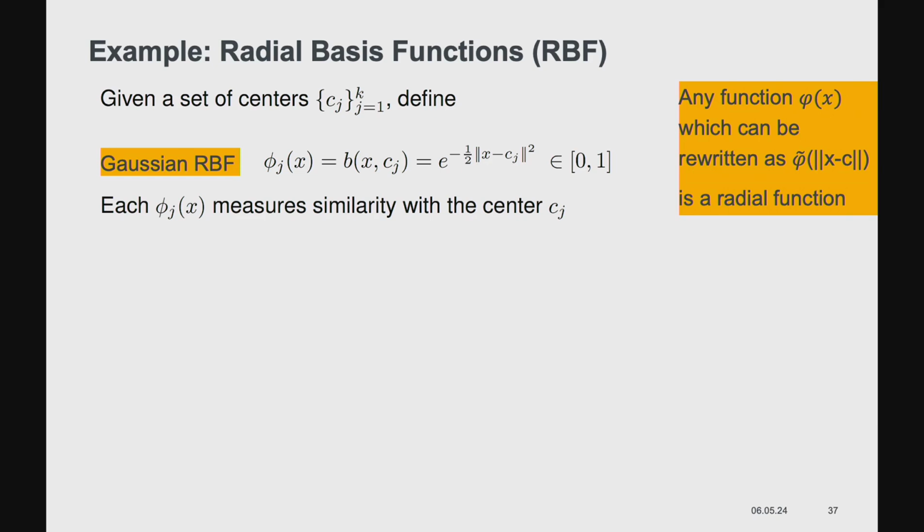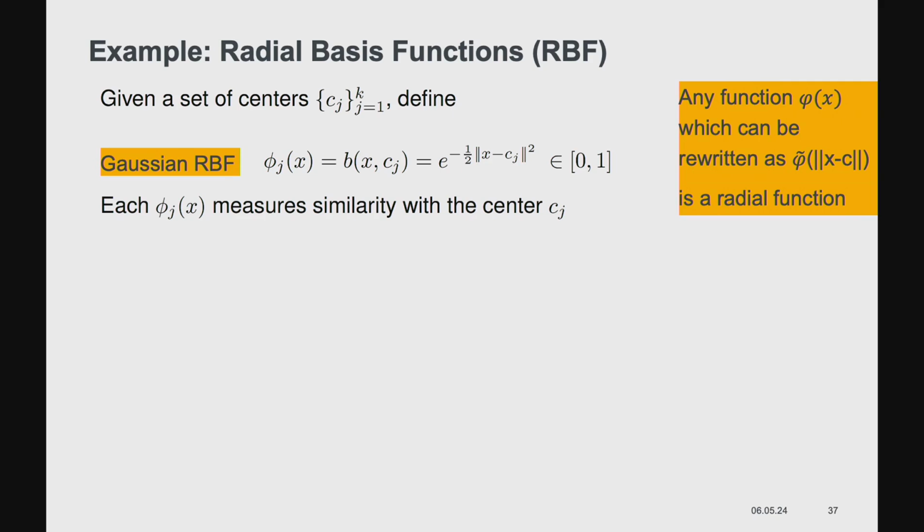And what we express here is how close such an x is to a center. The implicit idea is that when I use a radial basis function, I learn how close my x's are to the different basis functions. And if they're close to the basis function, they are multiplied with a high beta corresponding to that basis function.